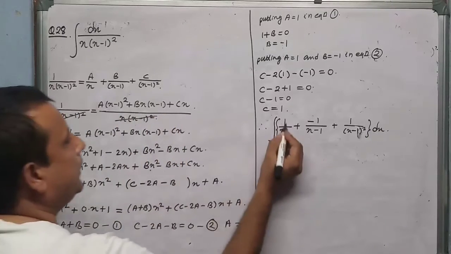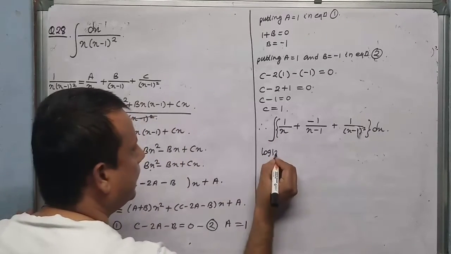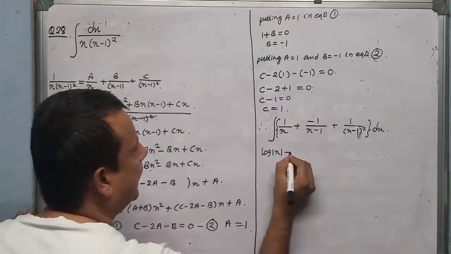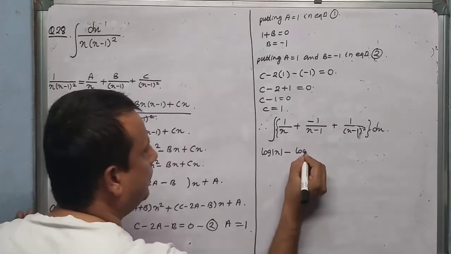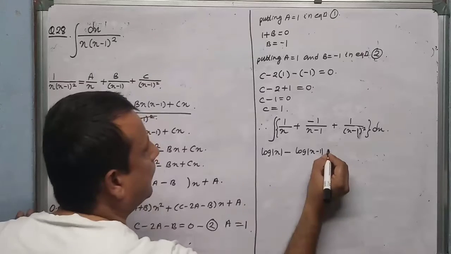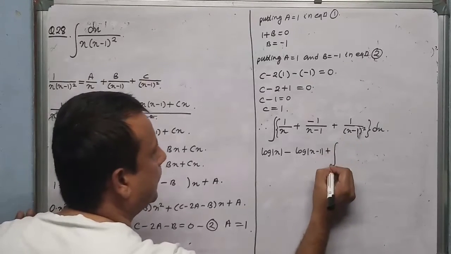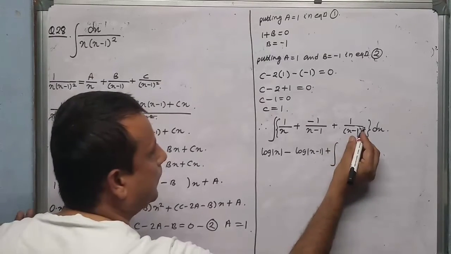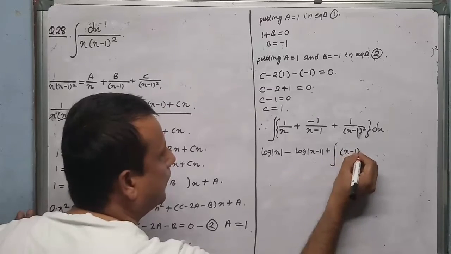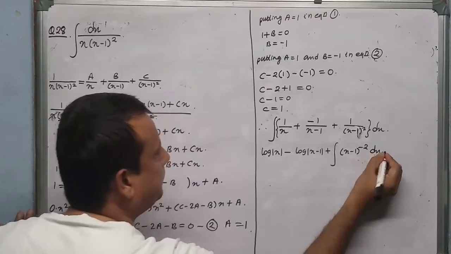Now the integration of dx over x is log of mod x, minus dx over x minus 1 is log of x minus 1, plus, we cannot integrate this one directly. It is (x minus 1) to the power 2, which means we can write (x minus 1) to the power minus 2 dx.